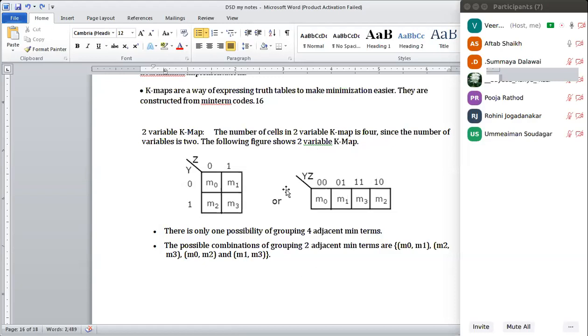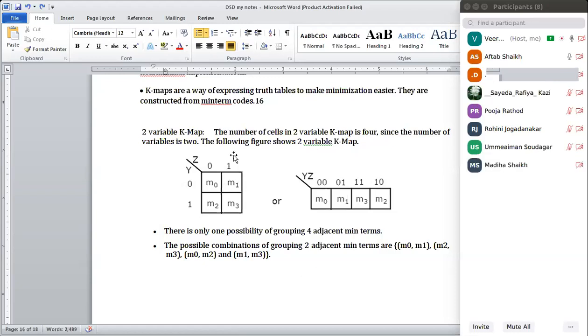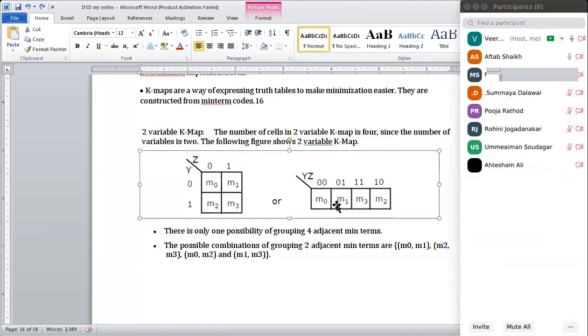Okay, so I can represent a two variable K map either square wise, column wise, or row wise. The one change I have to write here when I go for column wise or row wise is in this fashion or in this fashion.